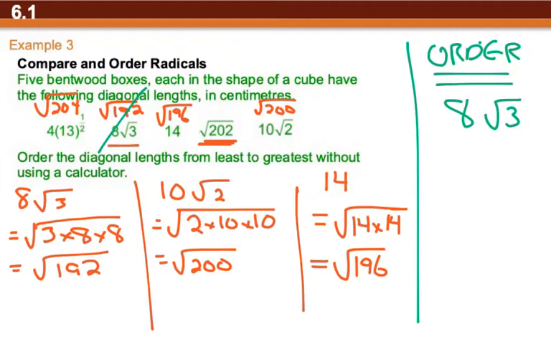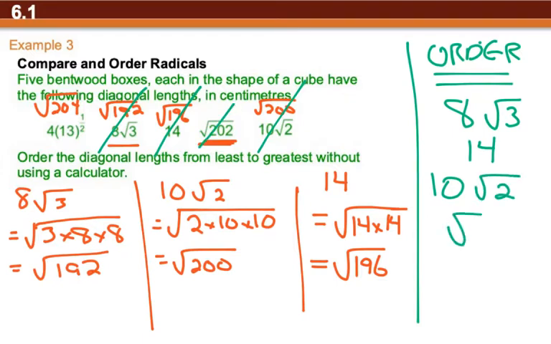Next one, square root of 196, which was 14. Next, square root of 200, which was 10 root 2. Square root of 202, which was given as is. And square root of 208, which was given as 4 times 13 to the 1/2.